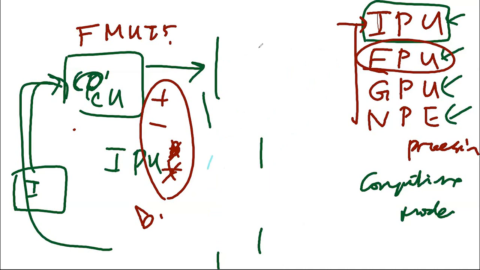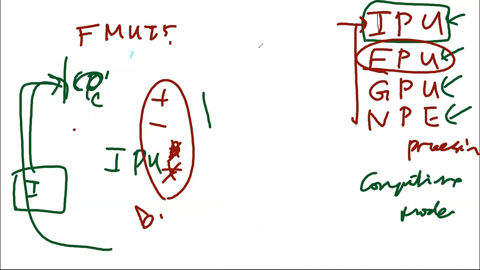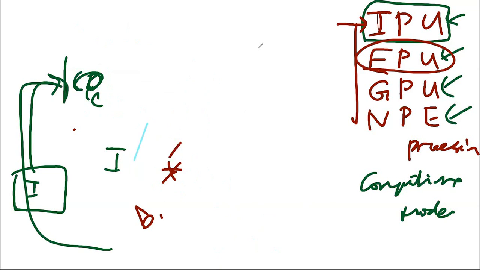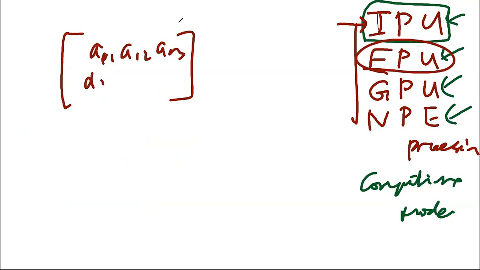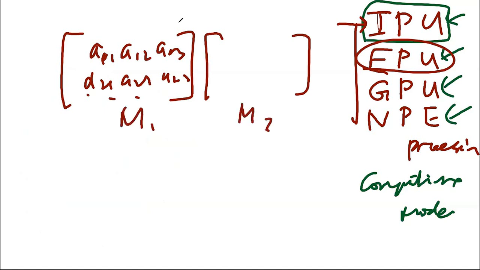Now the next thing is, how about parallel processing at instruction level, at register transfer level? So that's the thing about here. If we have a matrix operation, A11, A12, A13, A21, A22, A23, whatever, and multiply another matrix, you get a third matrix, right?